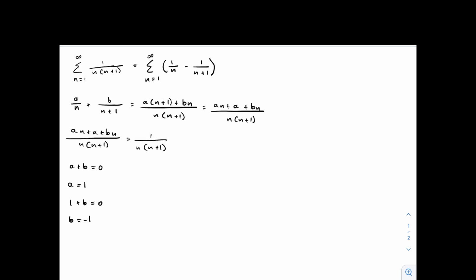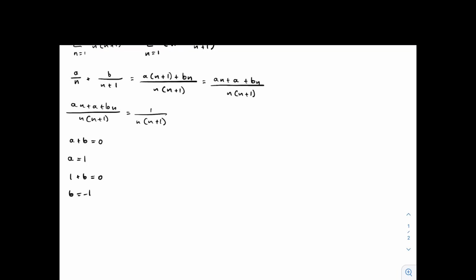And from here, we are going to be using the definition of infinite sums to get to a result. As a reminder, we can think about infinite sums as being a limit of partial sums.